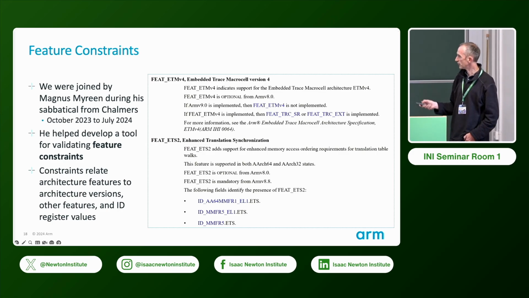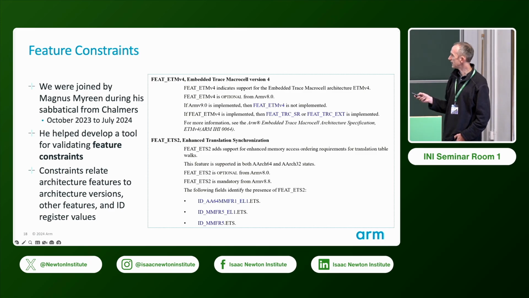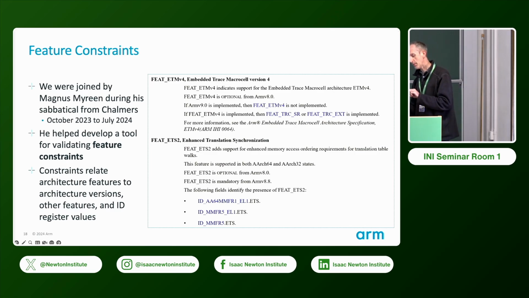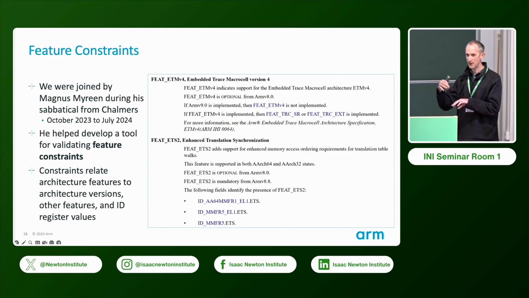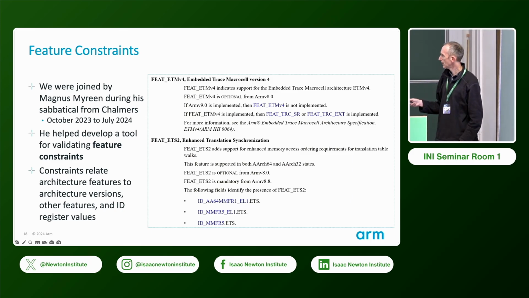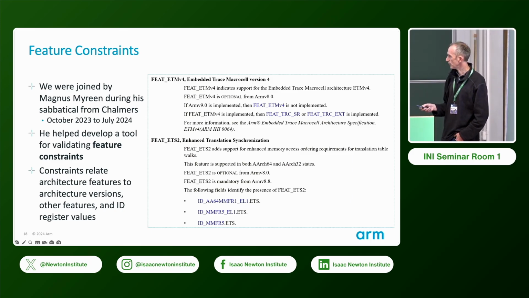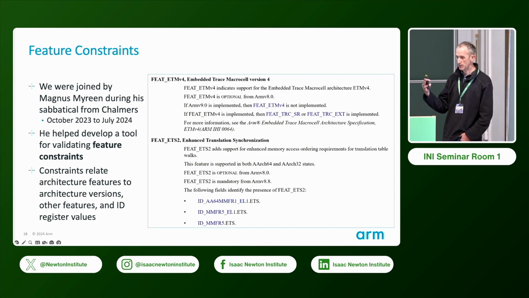This is the bit of the documentation that gets auto-generated, and it tells us details about features, and it has constraints on them. Unlike some other architectures, it might deprecate things, so that if you implement this new feature, you cannot implement another feature. It also has constraints on ID registers as to what values they might be holding.